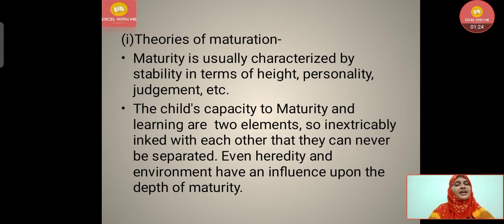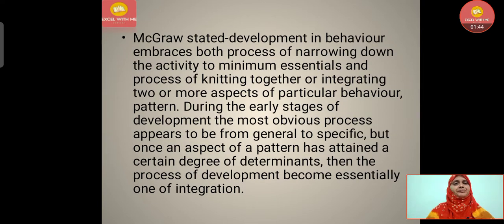Even heredity and environment have an influence upon the depth of maturity. In the previous class, we understood how heredity and environment both play a very important role. The interplay between heredity and environment is the human development or growth and development.